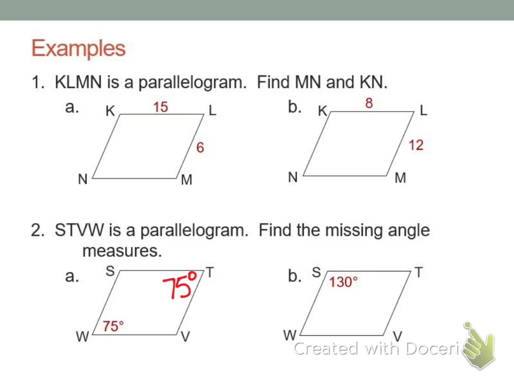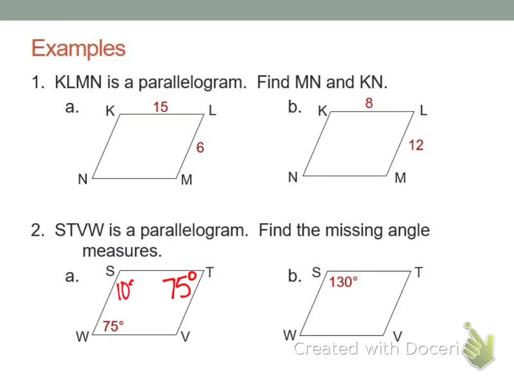But then we've got those other 2. We know the other 2 should be the same, but we don't know what they are yet. The last 2 are not both 75. What do we know about 2 angles that are right next to each other? They equal 180. 2 angles right next to each other should equal 180.